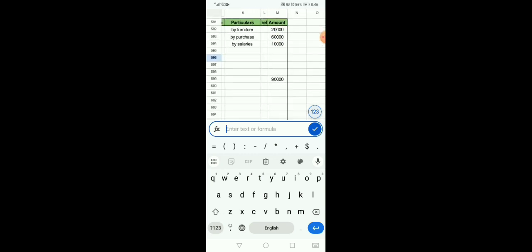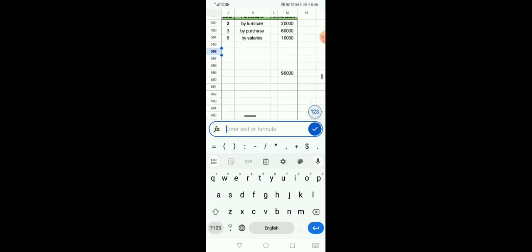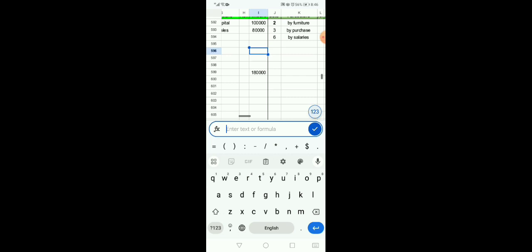Step 1 completed. Now make a comparison. Which amount is the larger amount, 180 or 90? 180,000 is the larger amount, so you will write the larger amount on total of debit side, and you will put the same larger amount on total of credit side as well.